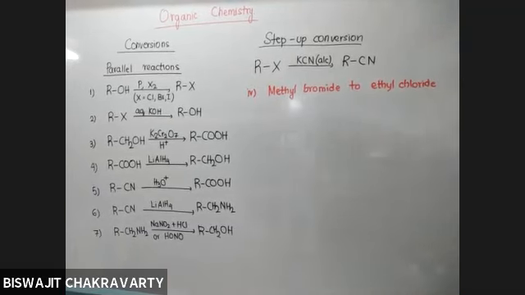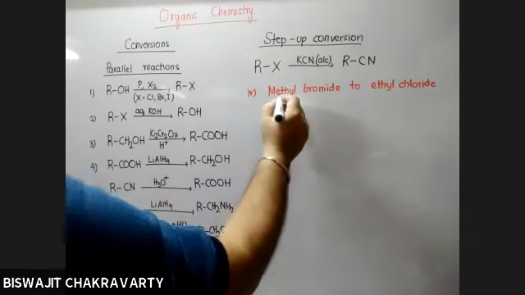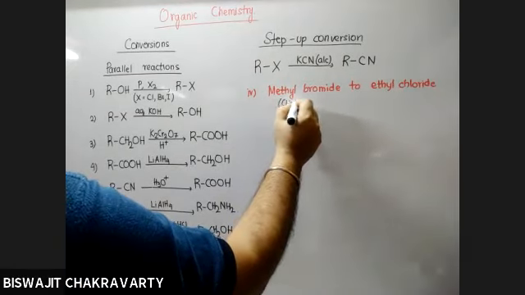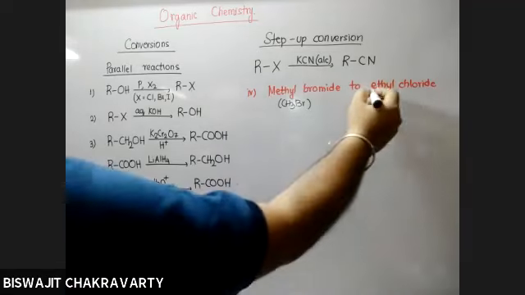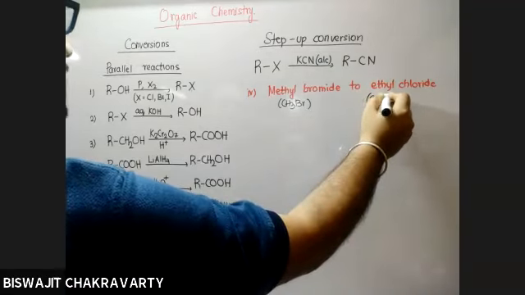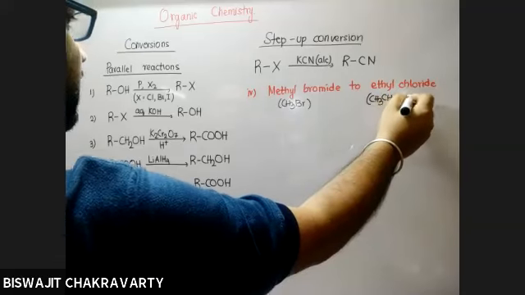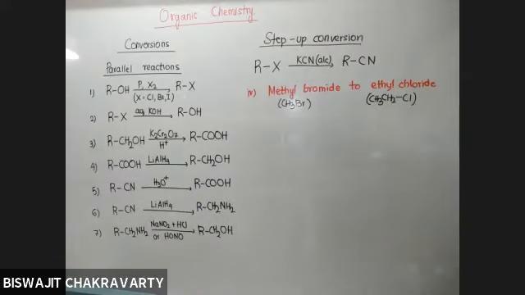CH3Br. And what is the formula for ethyl chloride? CH3CH2Cl. Okay, try it out.